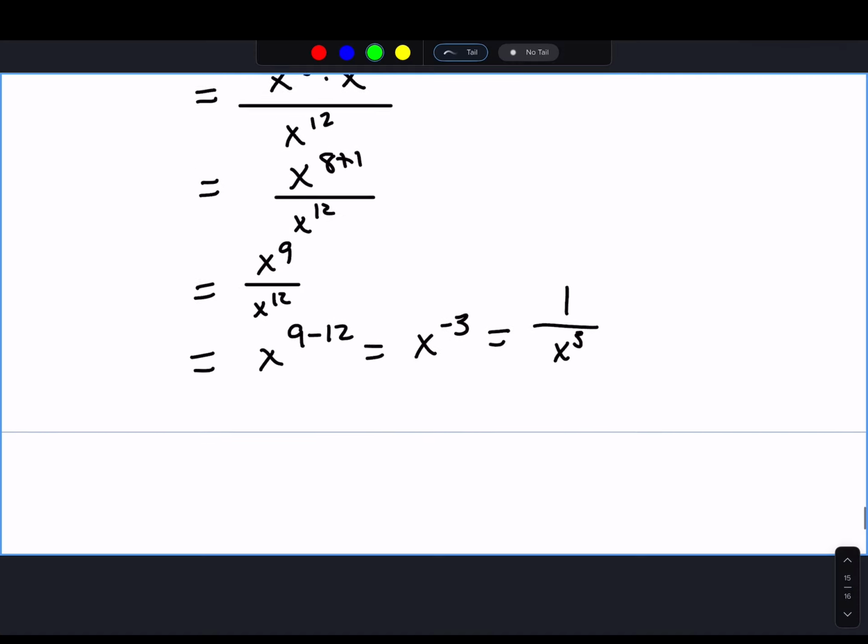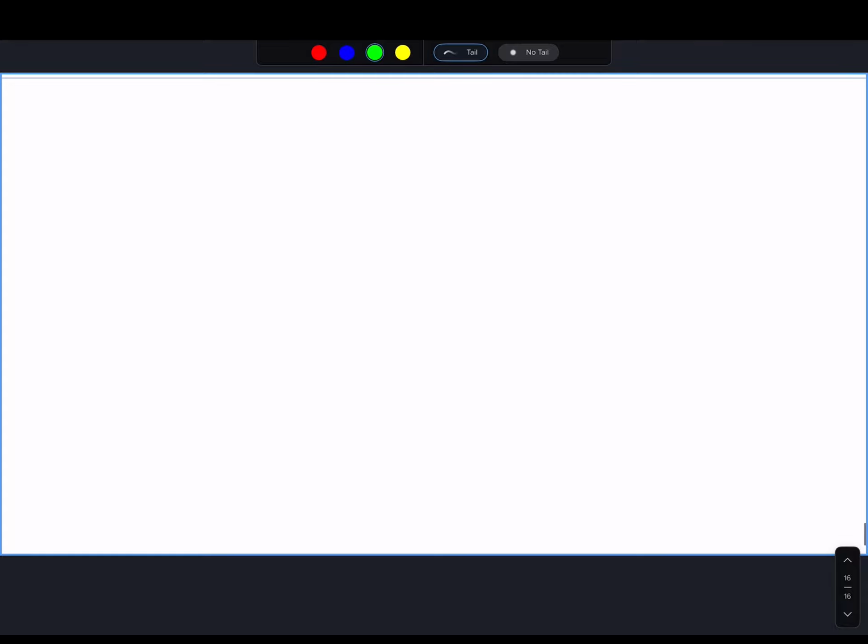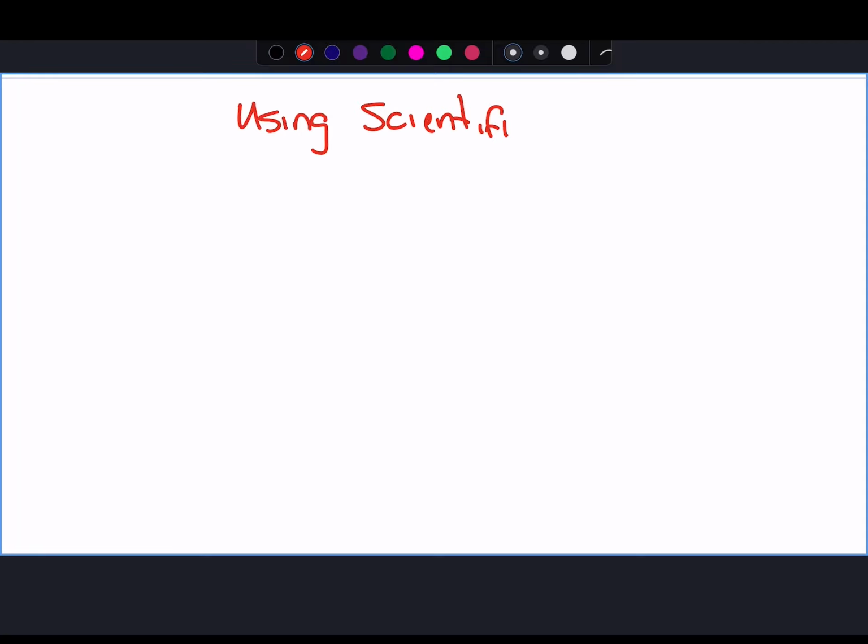Okay, Commanders, our last topic of today is scientific notation. Using scientific notation. And we'll start with a definition.